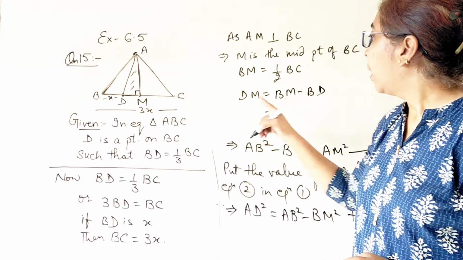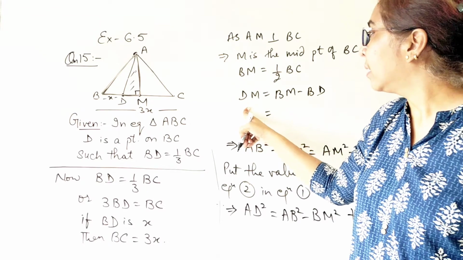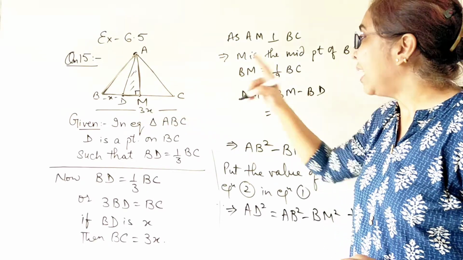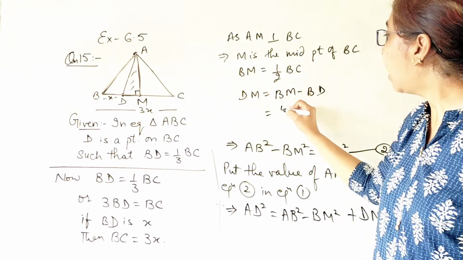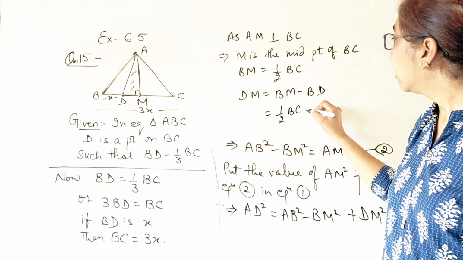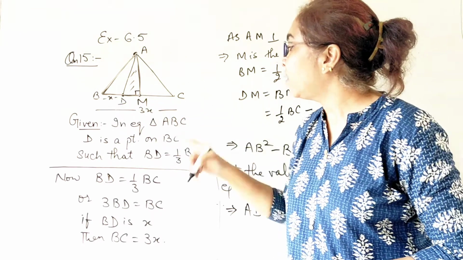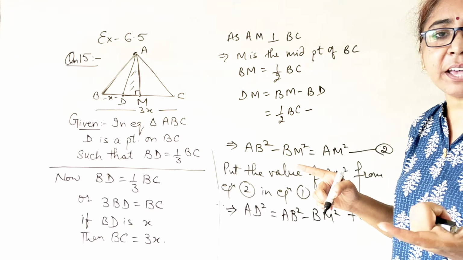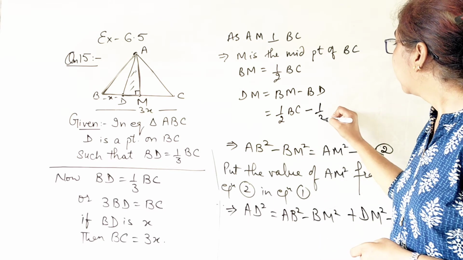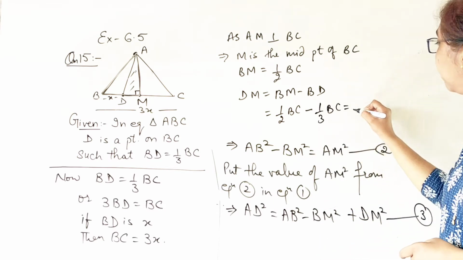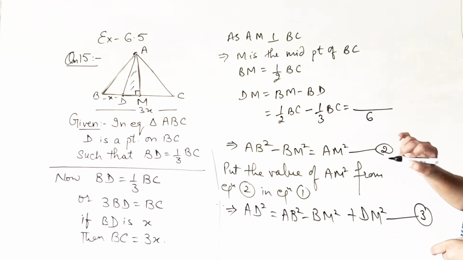Now BM is half of BC and BD is 1/3 of BC. We already have this, this is given. Now subtracting by taking LCM, LCM will be 6.